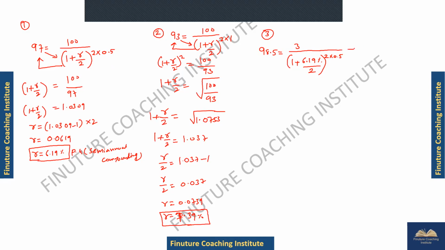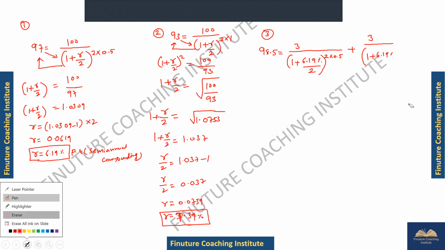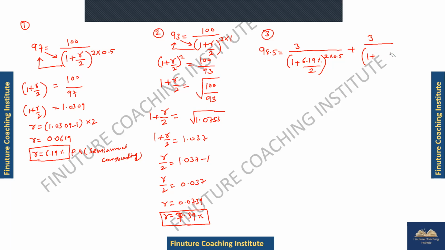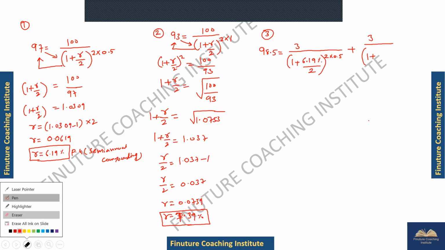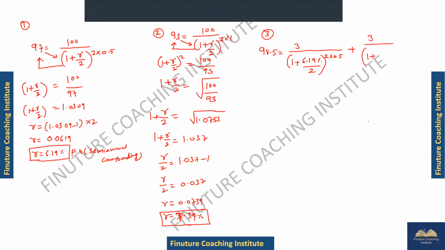I'm just writing these discounted cash flows. So it would be 3 over 1 plus 6.19% over 2 to the power N into T. Sorry, for 1 year, it's 7.39. Let's correct it. The spot rate is not YTM, so it will not be constant. It may vary across tenors. So it's 7.39% divided by 2, to the power N into T. N is 2, and T in this case is the first year, so it's 1.